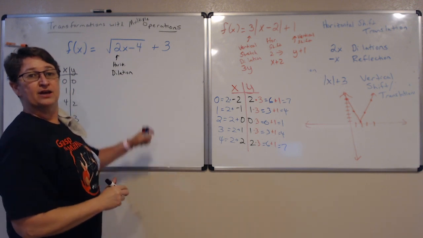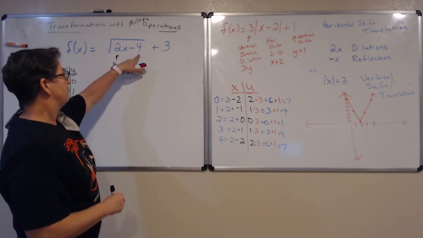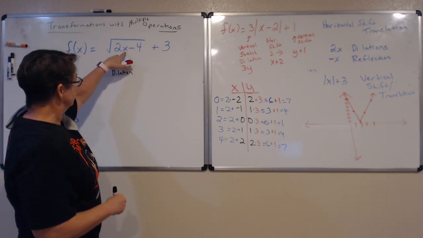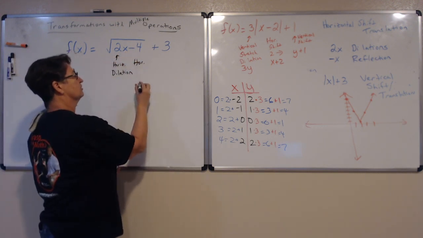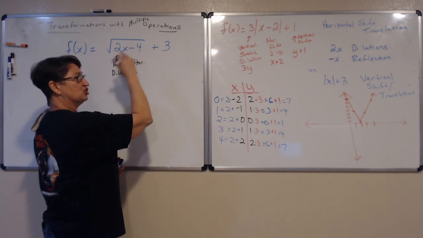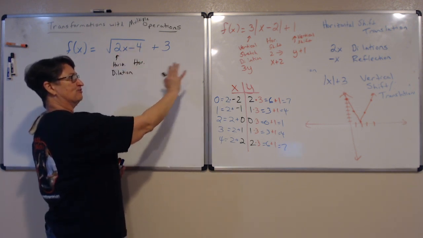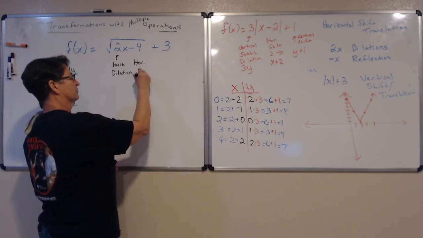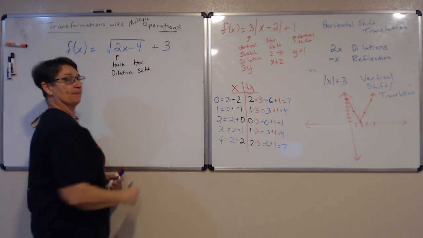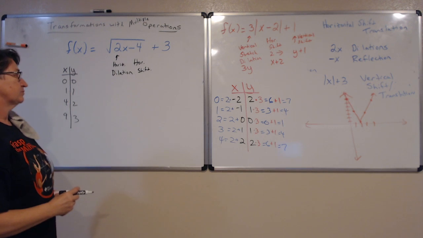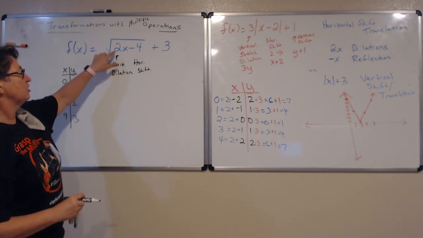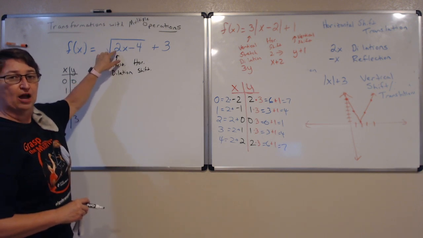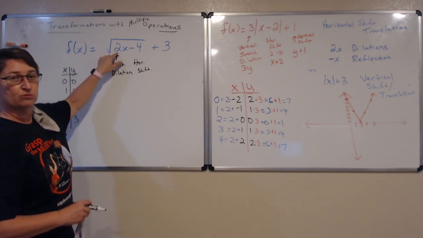And then I've got my -4. Again, it's inside with the x, so it's still a horizontal, but this is a shift. It's going to shift it one way or the other. Back to the dilation. It looks like we should multiply all our x values by 2.